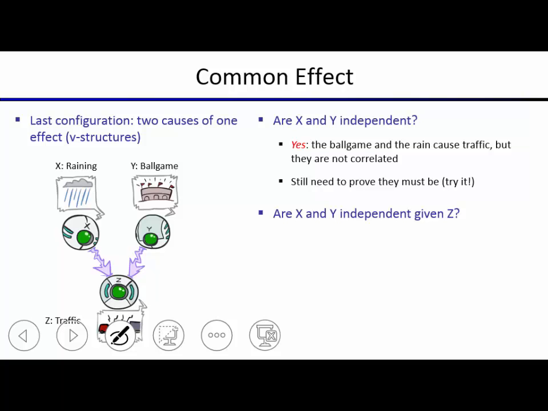Which means that even though I already knew there was traffic, when I then found out it was raining, it still influenced my probability of ball game.